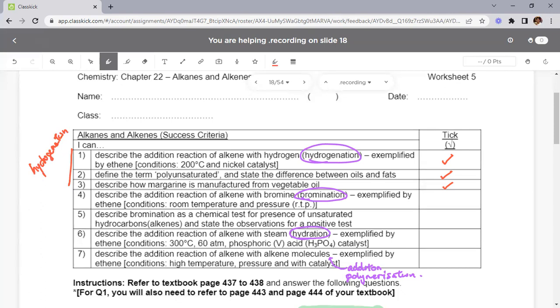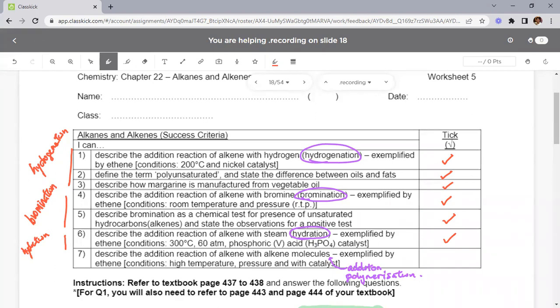We learned how to describe how bromination occurred, and we mentioned how we can use bromination to test whether it's saturated or unsaturated. So these two deal with bromination. And next we did hydration, and we have done some of the reactions, knowing where the H and the OH can be added.